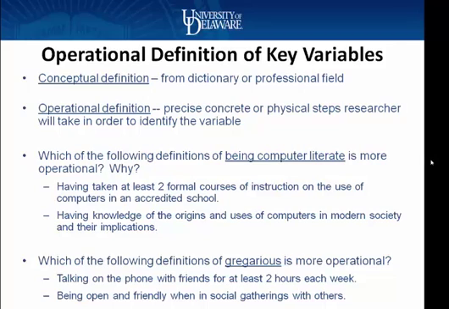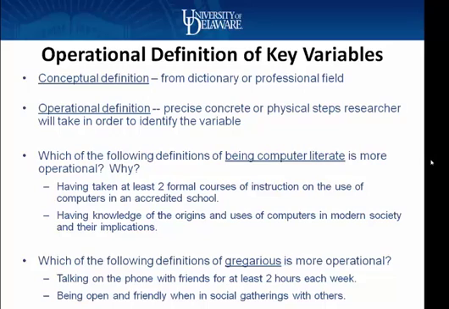So, for example, which of the following definitions of being computer literate is more operational and why? Is it having taken at least 2 formal courses of instruction on the use of computers in an accredited school? Or is it having the knowledge of the origins and uses of computers in modern society and their implications? I hope you said the first one. The first one is concrete. It is operational.